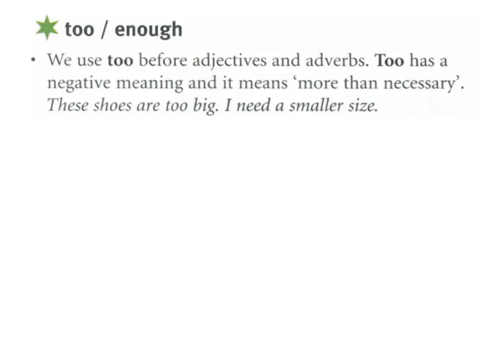Now we will go to using too and enough. We will start with the word too. What does too mean? Too means more than necessary, more than sufficient. Too means more than needed, أكثر من الحاجة, أكثر من الضروري.